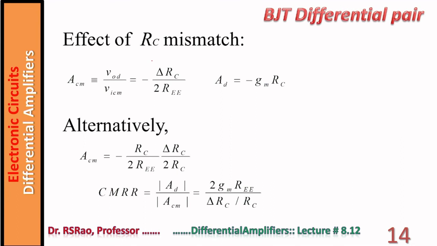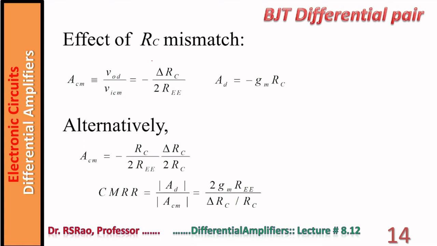Effect of RC mismatch. For optimum or ideal functioning of a differential pair, the RCs, the collector terminal resistances, should be identical in the pair, but in practice it is not so.